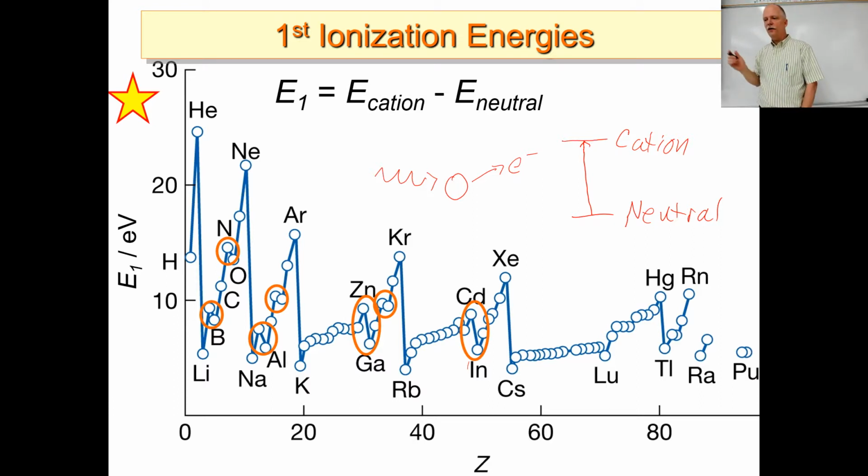There's probably one more I've got circled that's a little unusual. Transition metals. Okay, what about the transition metals? So these would be the transition metals right here. So that's the 3D group. This is the 4D group. And then here's the long run of 5D.